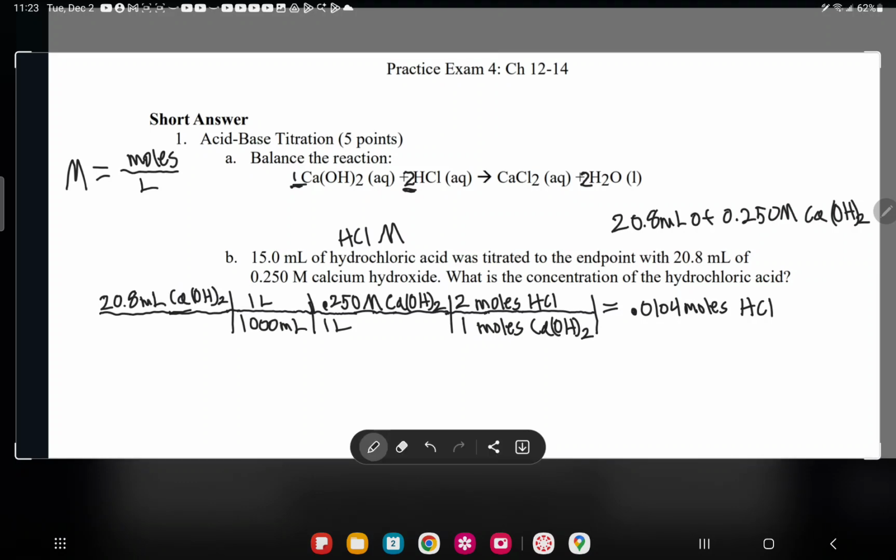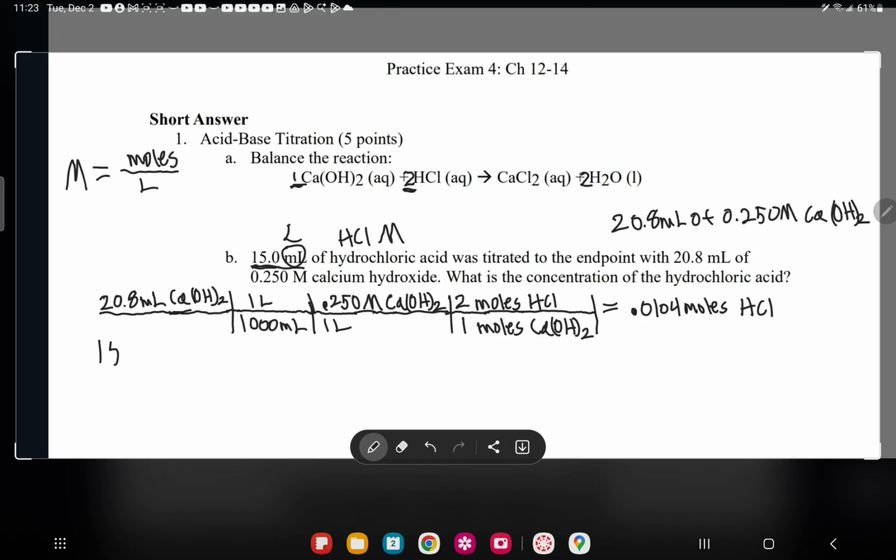So now that we have the moles of the HCl, we can then find the molarity of the HCl. We're already given the 15.0 mLs, and we've now found the moles. So we have everything we need. It's a plug and play, but remember that the mLs has to be in liters.